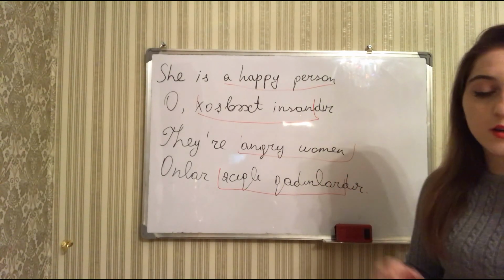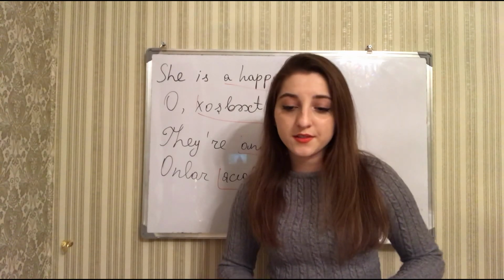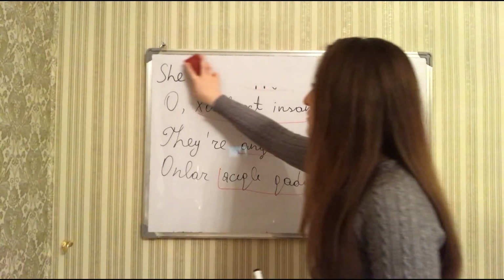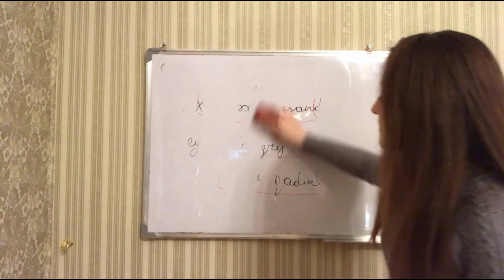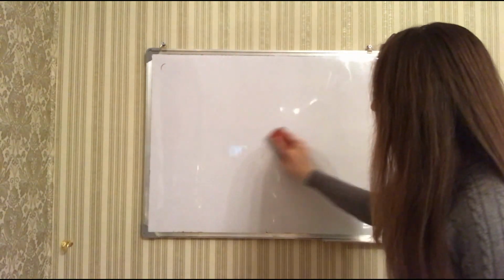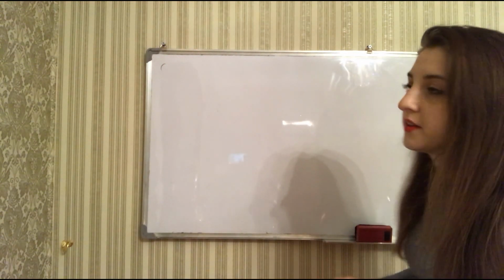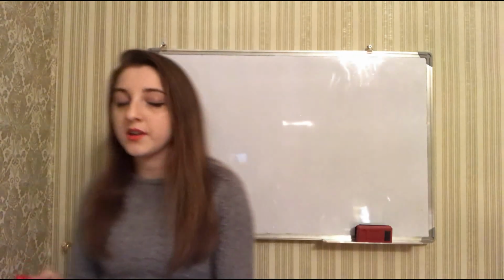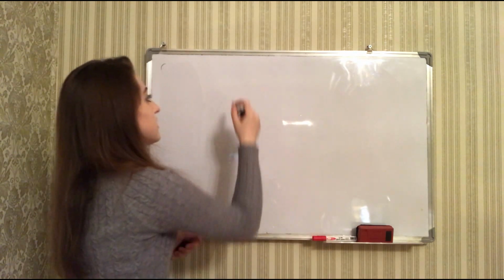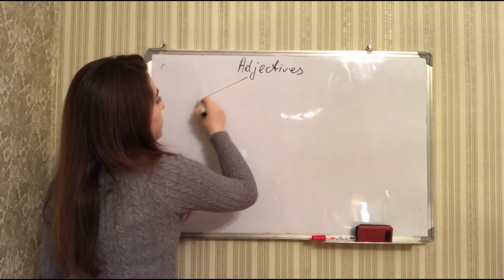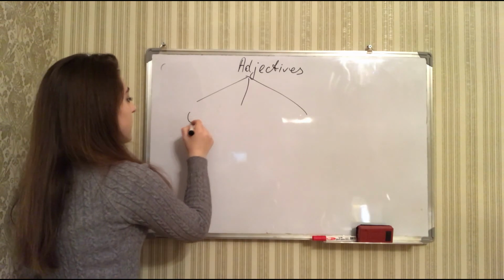So they are our examples about the classification of adjectives. And after that, let's look at the degrees of adjectives in Azerbaijani language, and let's compare them with English grammar. Okay, in English there are 3 degrees of adjectives: simple, comparative, and superlative. In simple degree, we don't have any suffix.